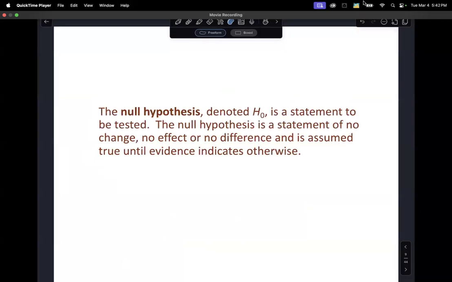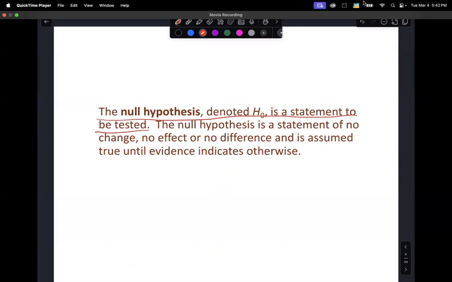So our null hypothesis is the statement that we're testing. We're going to believe in the null hypothesis until we have proven different. The null hypothesis is the given, so this would be the 13% of M&Ms are red on the Mars website.